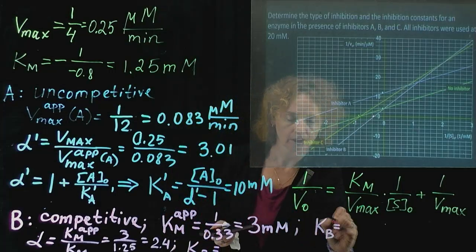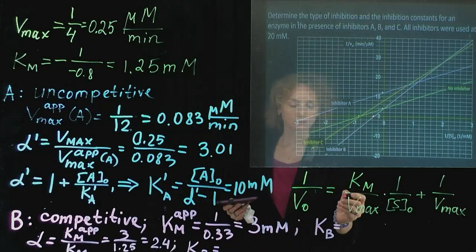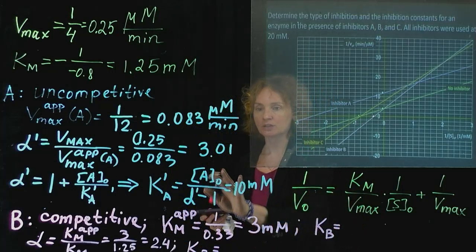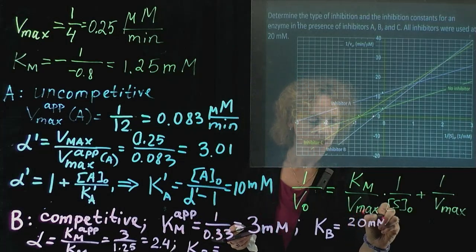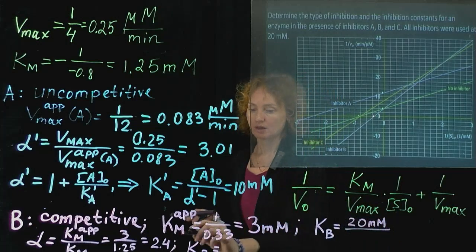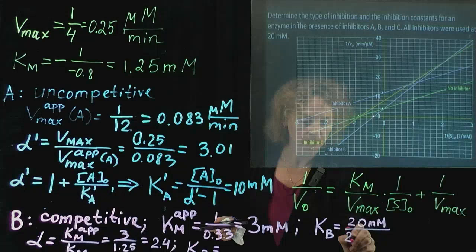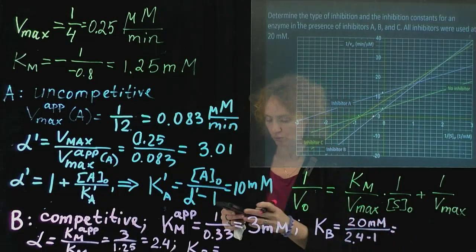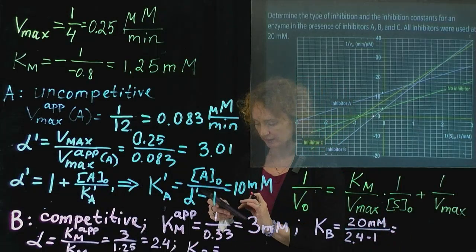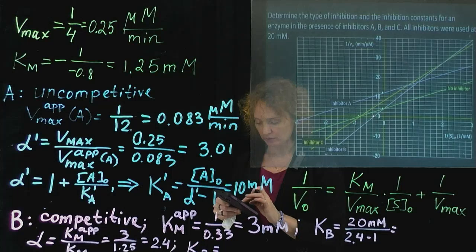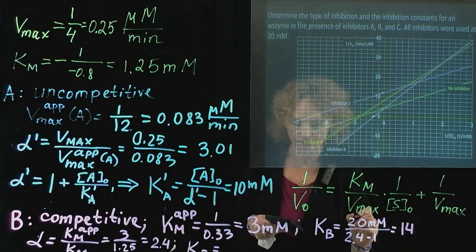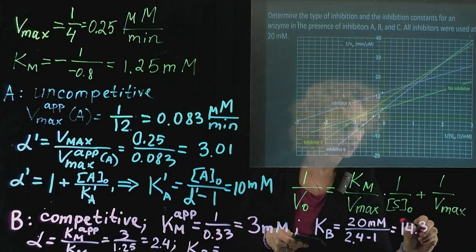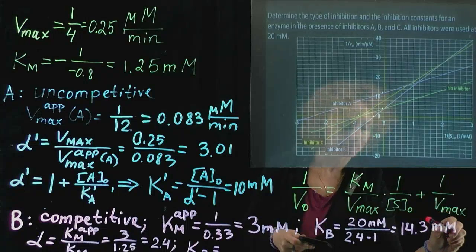KB will be the concentration of inhibitor, which is 20 millimolar, divided by alpha, 2.4, minus 1. So now it means that we need to divide our inhibitor concentration by 1.4. And so it will give us the inhibition constant of about 14.3 millimolar.